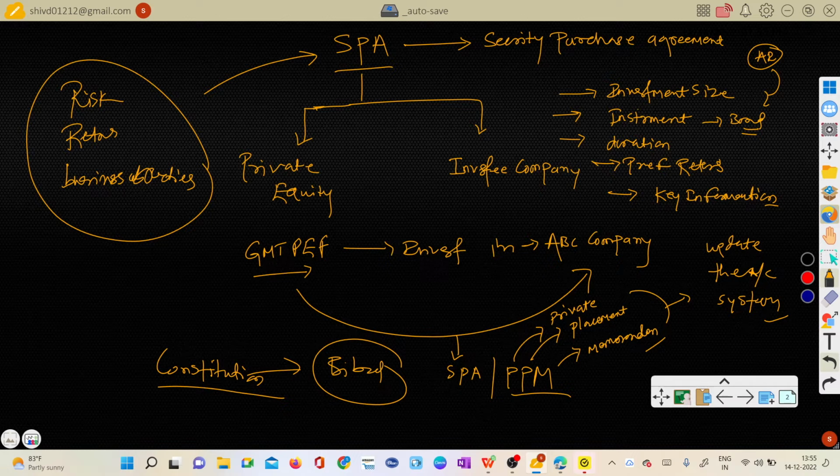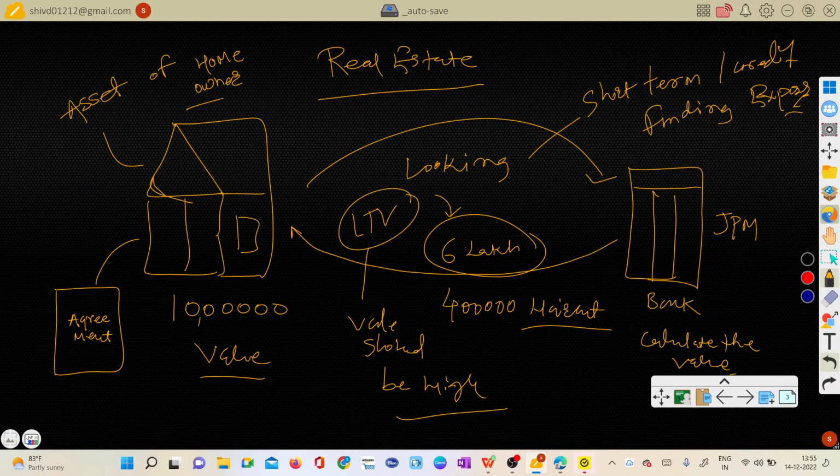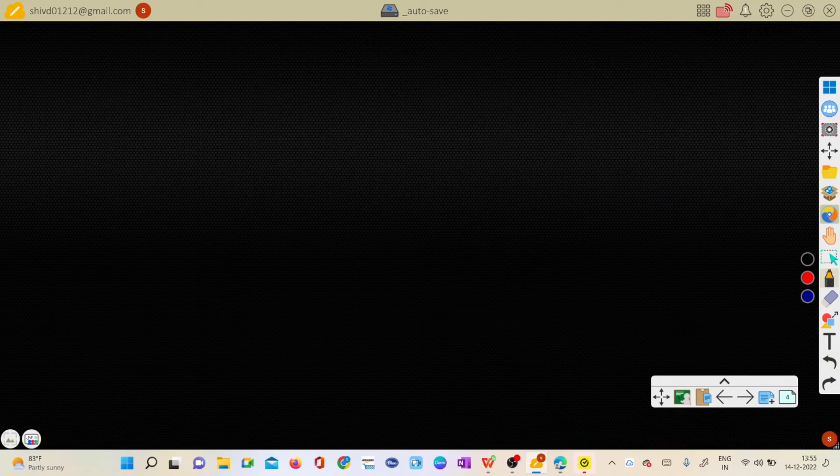Apart from this, LPA is one more term which would be very important, very important means very important. That is LPA, Limited Partnership Agreement.